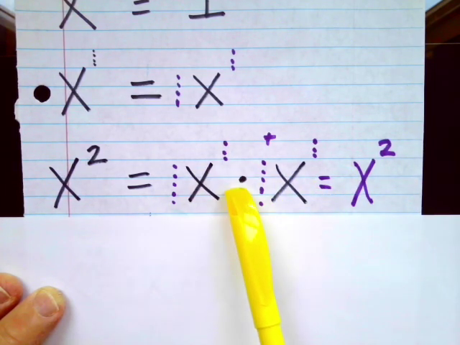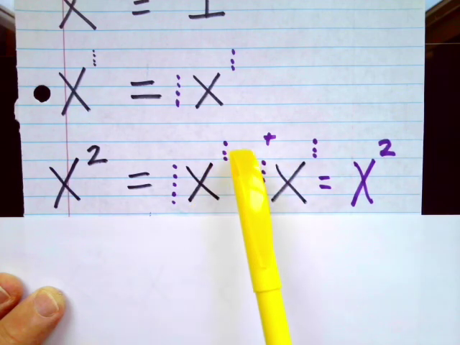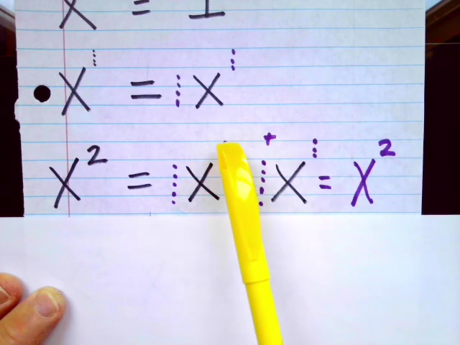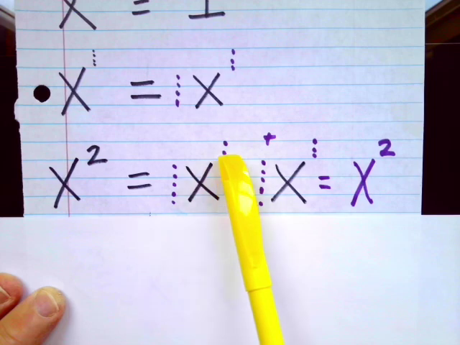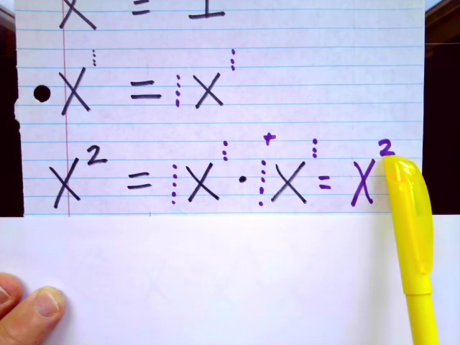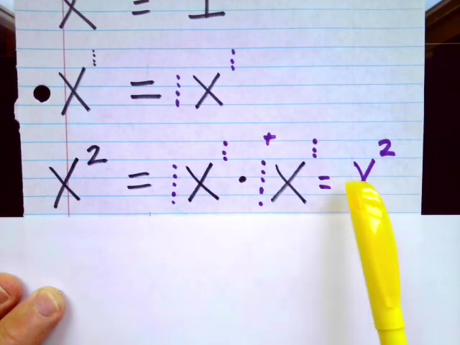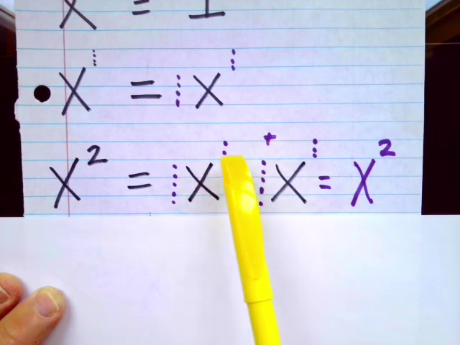The rule when we multiply is we add the exponents. So if there was no exponent showing here, you may be confused. So I show the dot, dot, dot invisible 1. So what is 1 plus 1? It's 2. So this is x to the second power. This is kind of explaining how we get x to the second power while reviewing what the rules are.